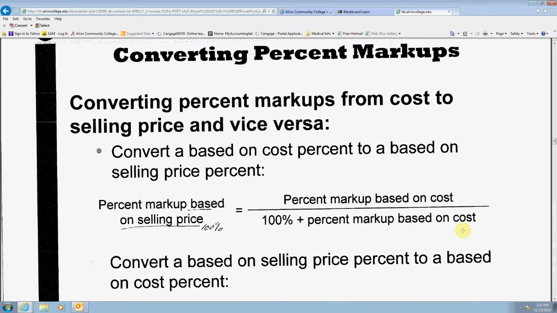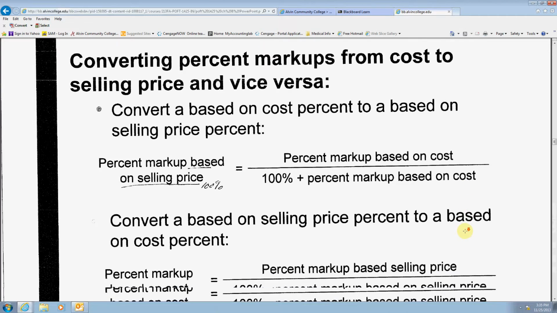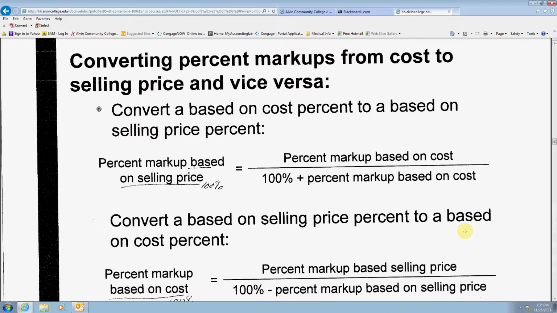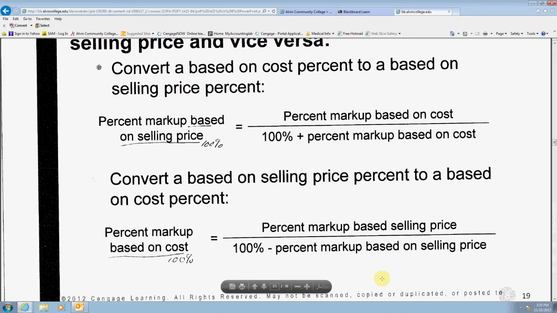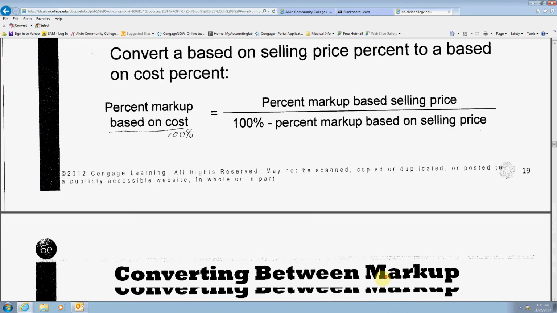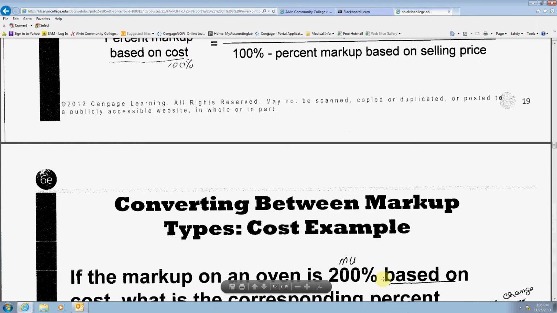To convert based on selling price percent to based on cost percent, it's the percent markup based on selling price, divided by 100% minus percent markup based on selling price. We're going to use this formula, converting between the markup types.